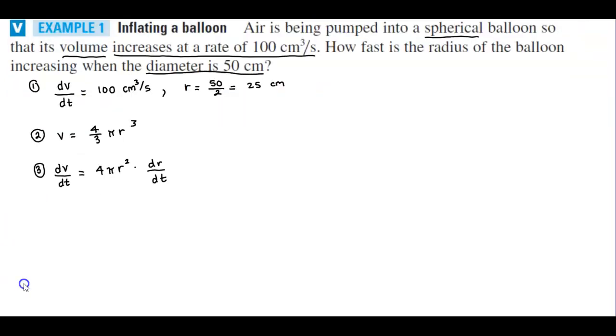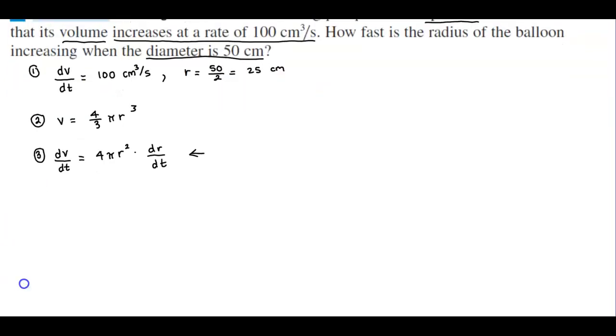Our goal in this equation now is to find dr/dt. We're going to isolate that, and we're going to use the given information.